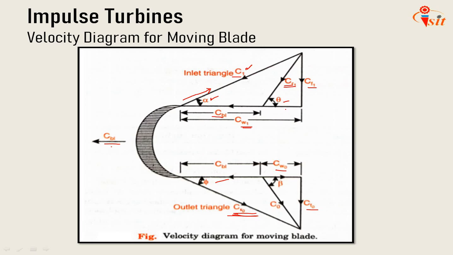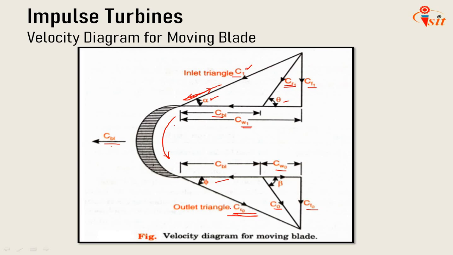The steam then glides over the blade without any shock and discharges, in this direction, at a relative velocity of CR0 at an angle phi with the tangent of the blades.